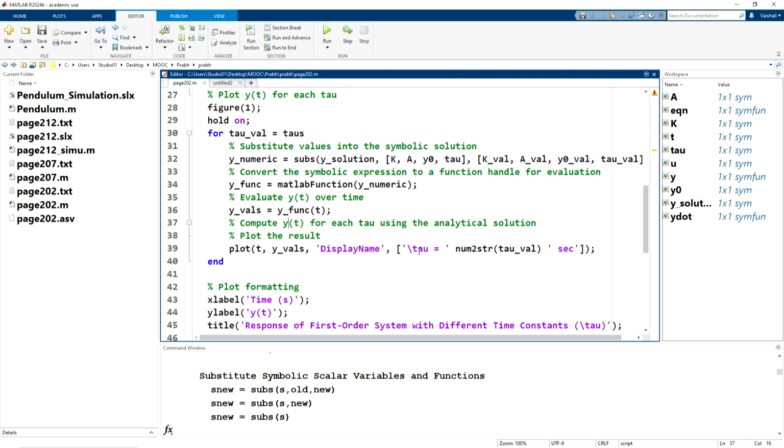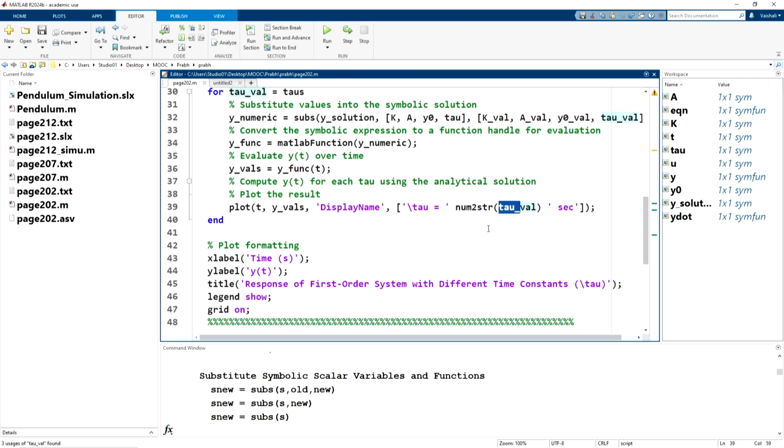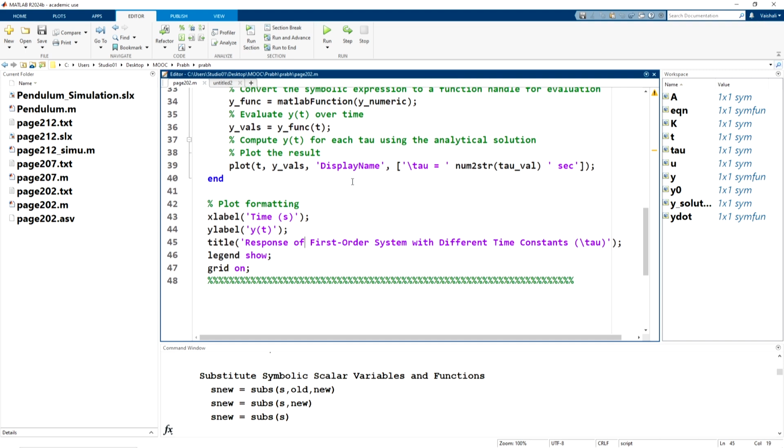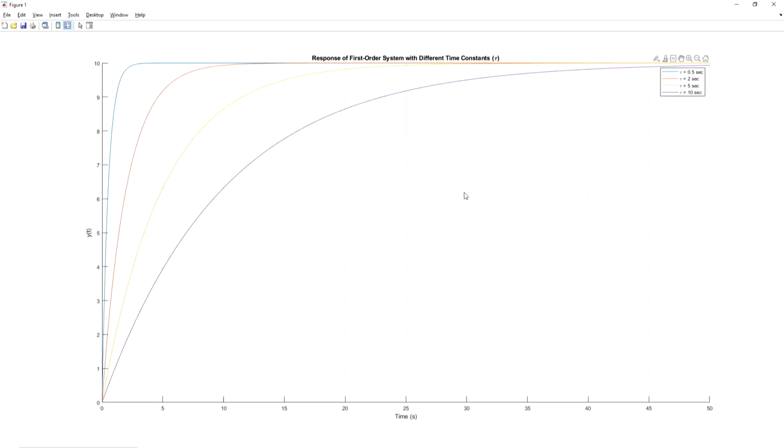We have here display name tau equals, where I am converting these numbers to strings, tau value represented in seconds. Then finally I am plotting it with x label as time in seconds, y label as y of t, title as response of first order system with different time constants. I'm showing the legend, grid is on. I'm running this code. So this is what we get after running the code.